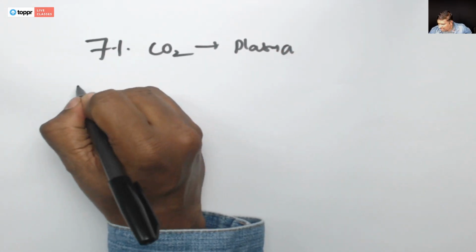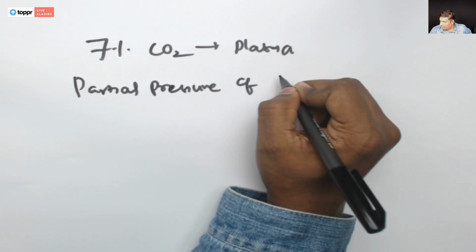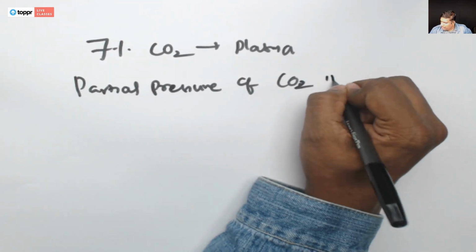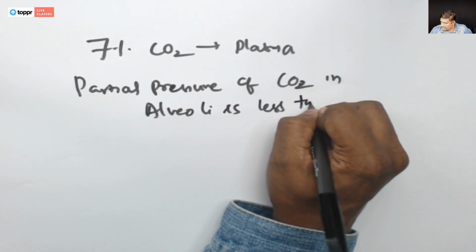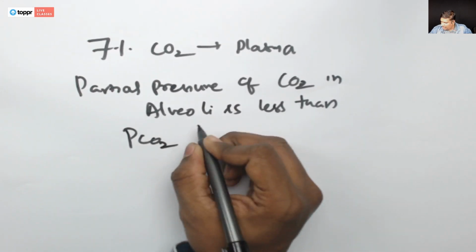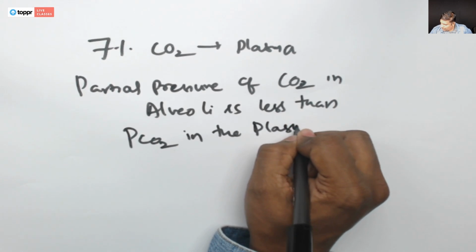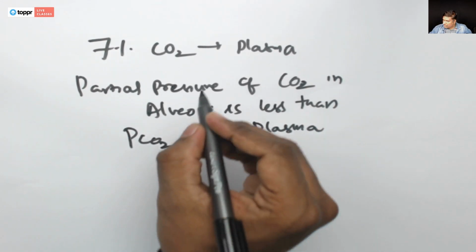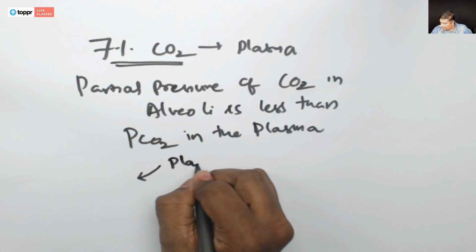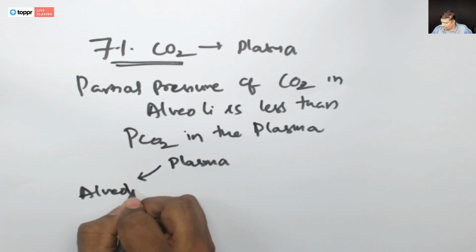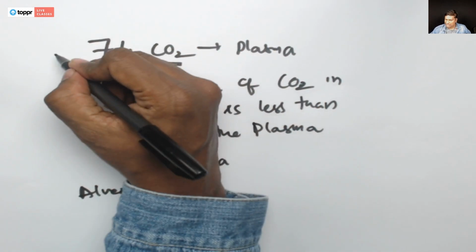Since the partial pressure of carbon dioxide in the alveoli is less than the partial pressure of carbon dioxide in the plasma, this 7% carbon dioxide will simply diffuse from the plasma into the alveoli. No issue here. The first component is taken care of.